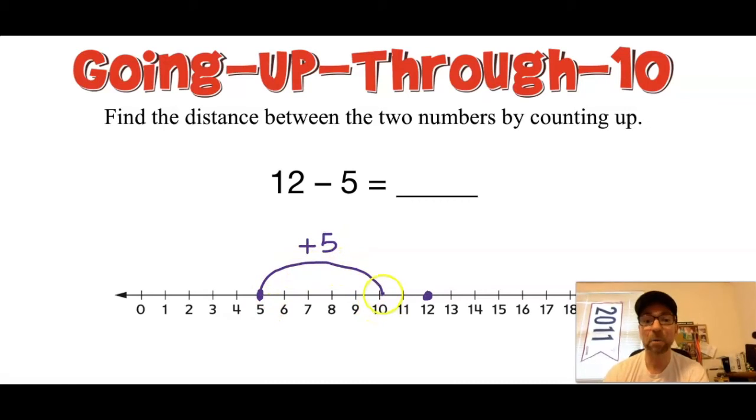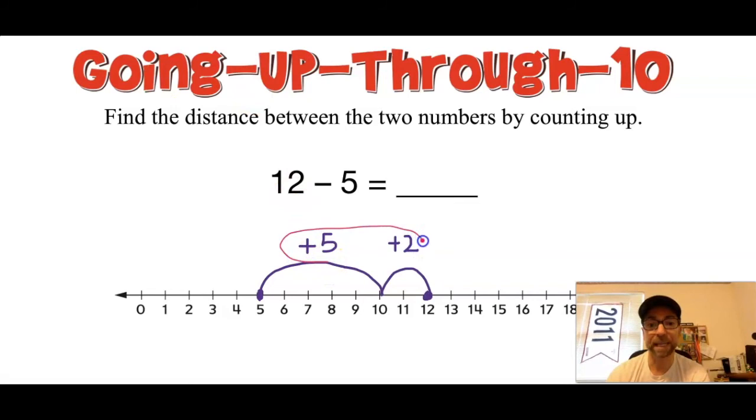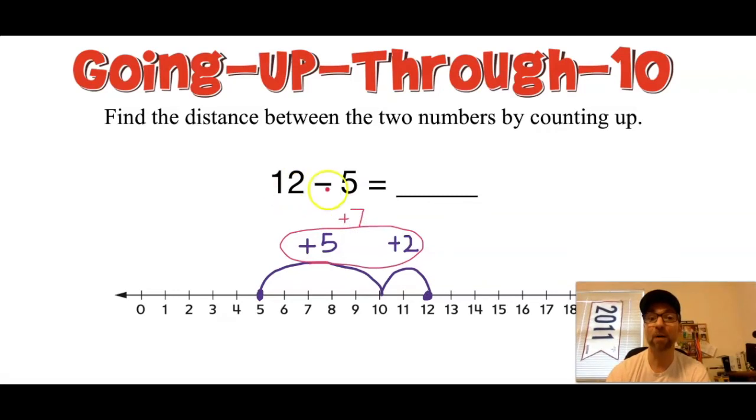Now, how far away is the 10 and the 12? 10 and 2 more hops would get me to 12. So now I have to think, how much did I hop in all? I counted up 5 and I counted up 2 more. That's a total of 7. 12 minus 5 equals 7.